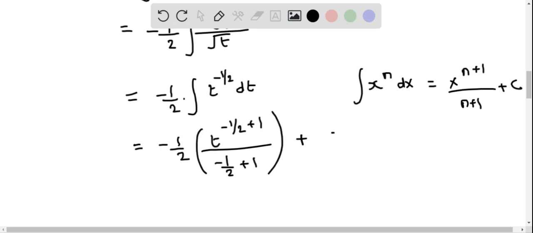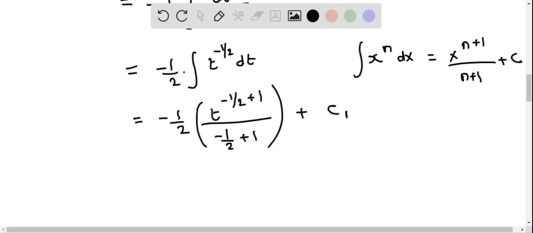I can put the constant, as of now, as c1, because I am dealing with integration 1. So let's simplify this. This is equal to negative 1 over 2. Negative half plus 1 is equivalent to half.